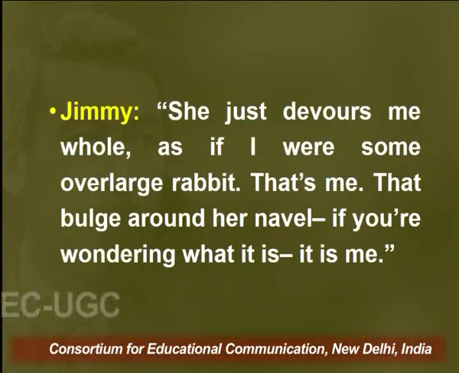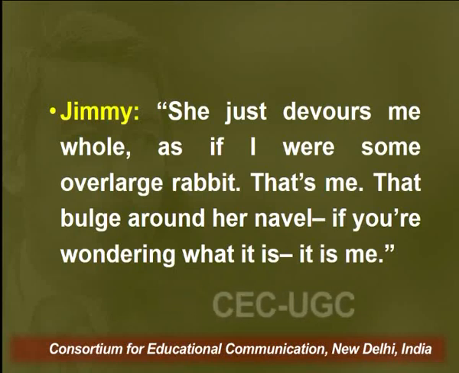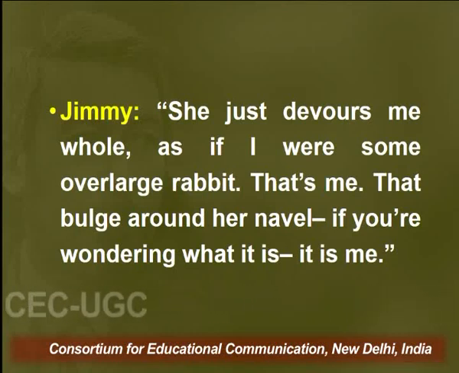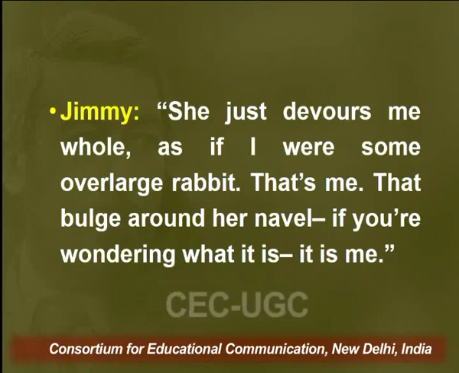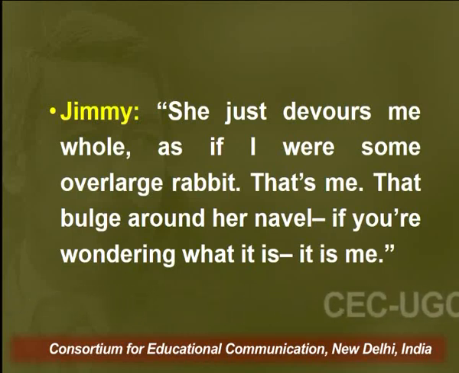And this is noticed in this quotation by him. Jimmy says, she just devours me whole, as if I were some overlarge rabbit. That's me. That bulge around her navel, if you are wondering what it is, me, unquote. So what do we see? He pictures Alison as someone who has devoured him.